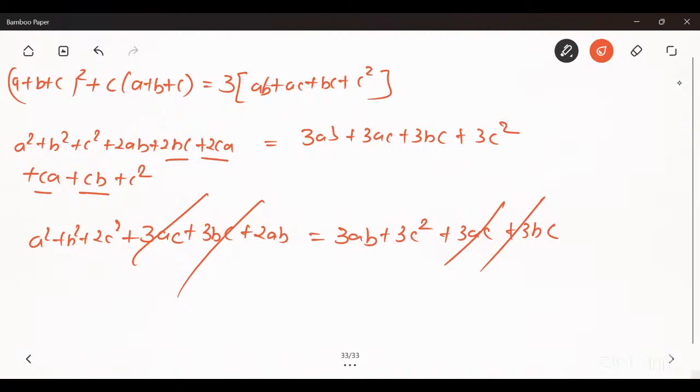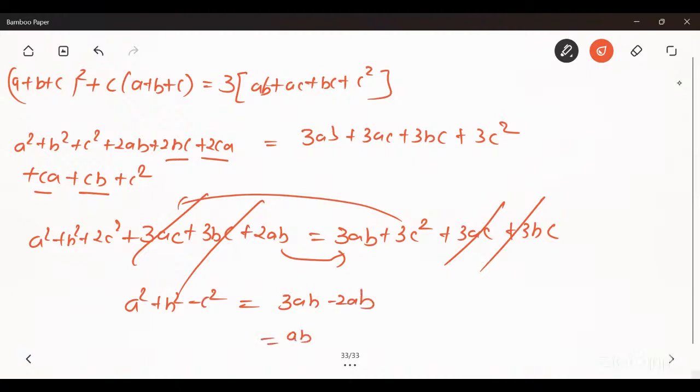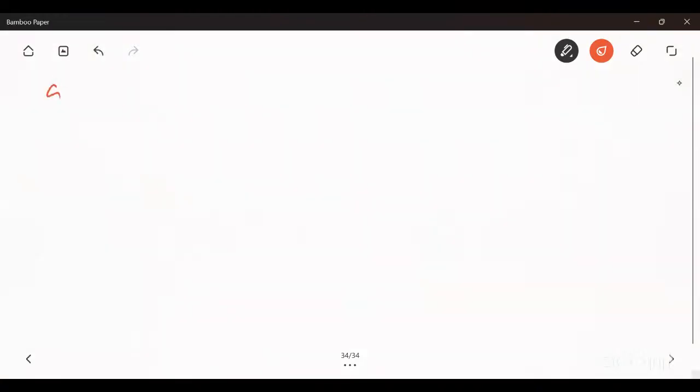If that AB comes to the left hand side and that C square comes to the right hand side, you will get A square plus B square minus C square is equal to 3AB minus 2AB. Now 3AB minus 2AB is equal to AB. If AB comes in the denominator, you will get A square plus B square minus C square upon AB is equal to 1.